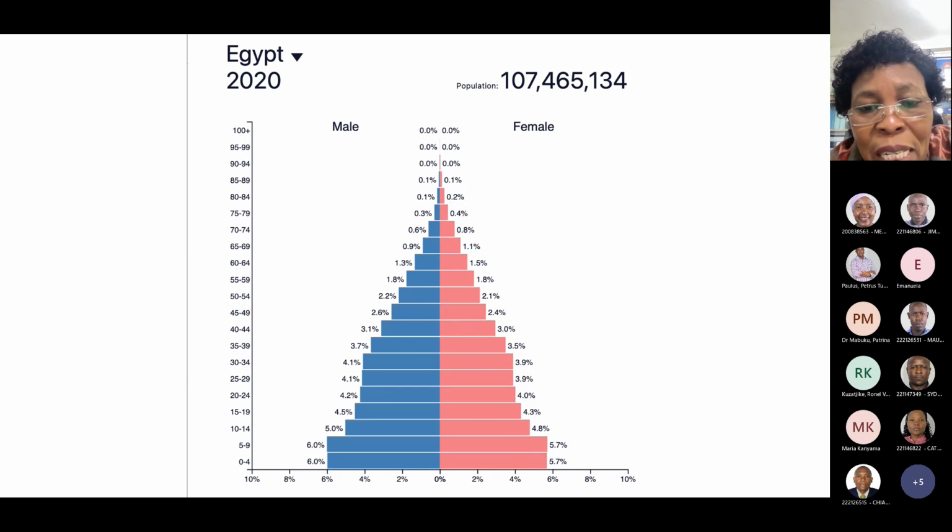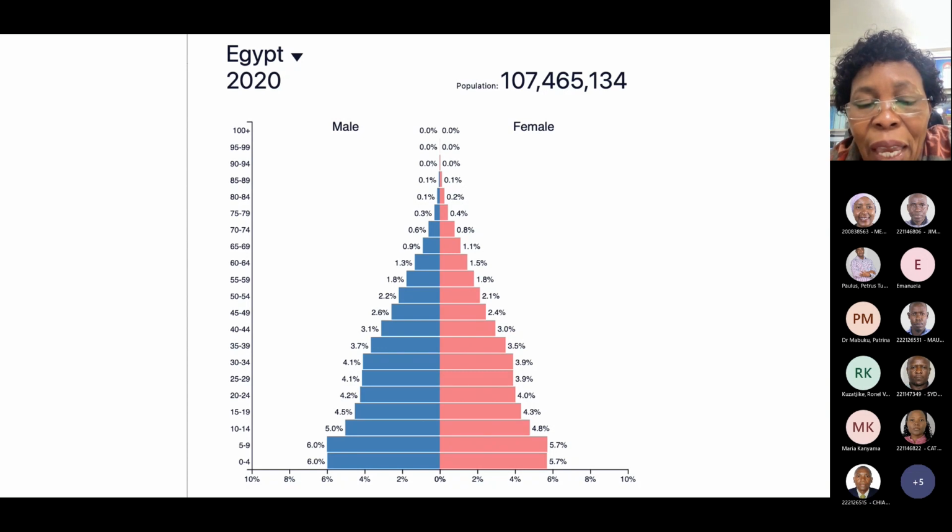Now, this population pyramid, by the way, is the distribution of the percentage of male and female population of a country. You can Google the population pyramid of your own country and see how it looks.